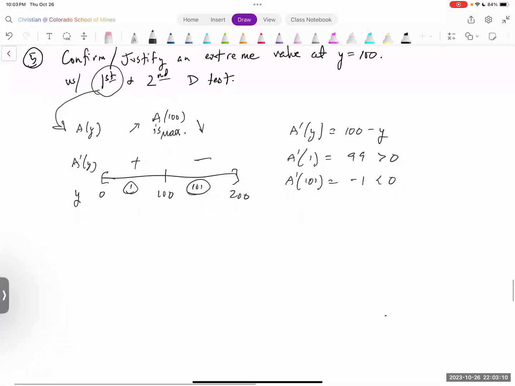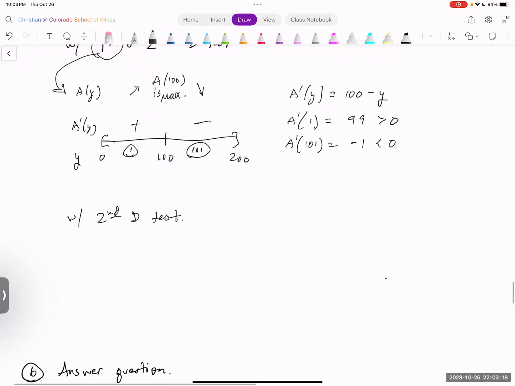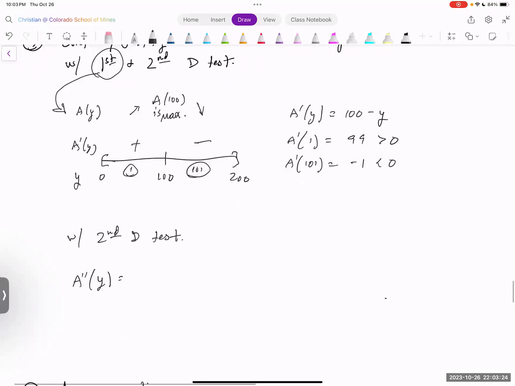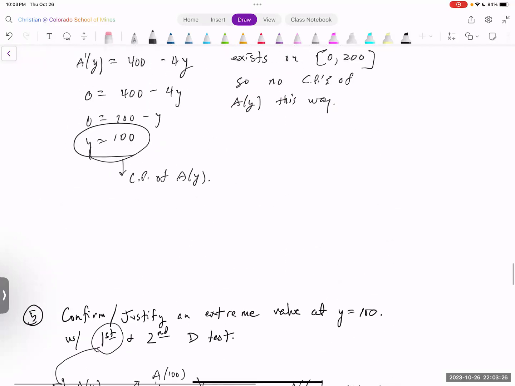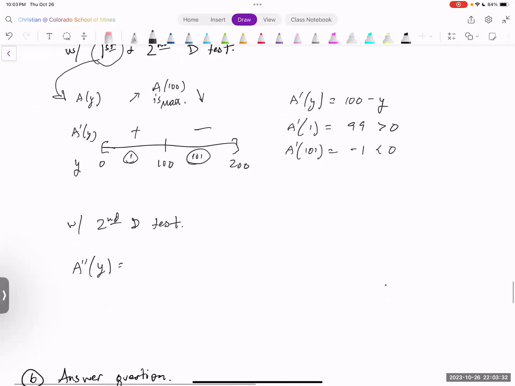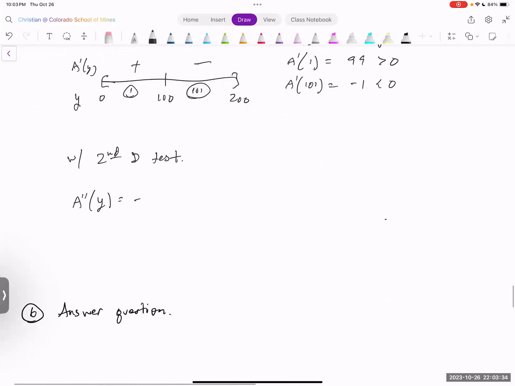We could also use the second derivative test. We need to take that critical point of the function, plug it into the second derivative. Our second derivative, A double prime of y, is either negative 4, you could write it, or negative 1. Let's write it as negative 4.